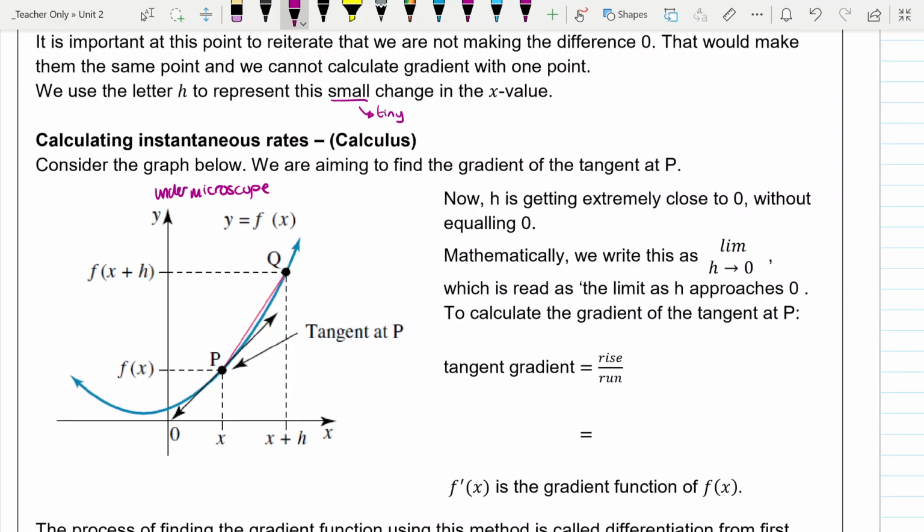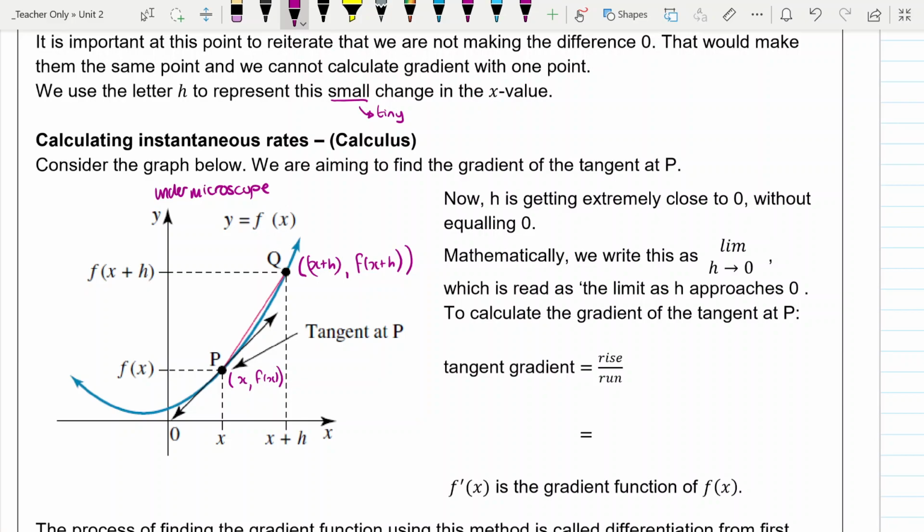Let's give ourselves some points. For this point Q, our x value will be x plus h, and our y value will be f of x plus h. So that's the coordinates of our point Q, and the coordinates of our point P will just be x and f of x.